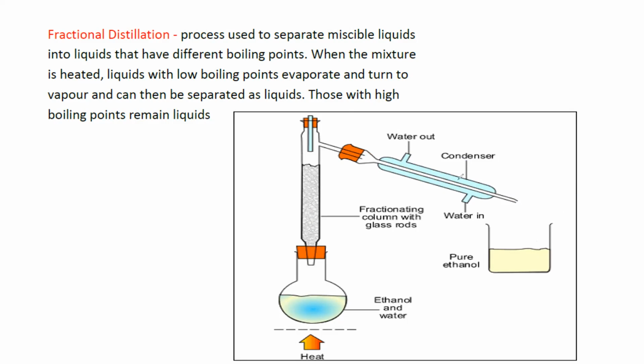When two or more liquids have different boiling points, the liquid with a low boiling point will vaporize and condense, and the liquid with a high boiling point will remain in the distillation flask. So the two liquids are separated from each other.